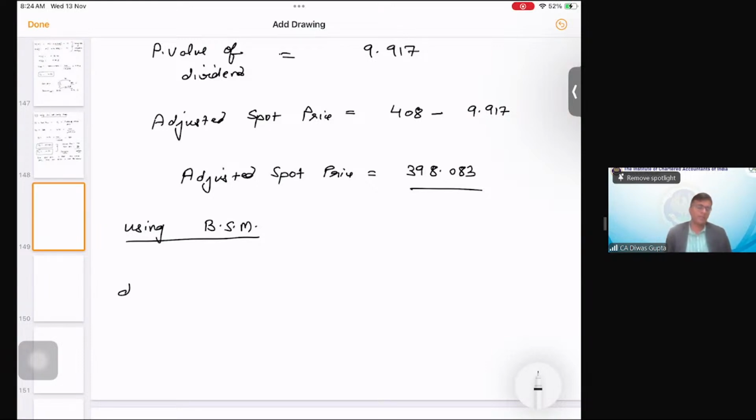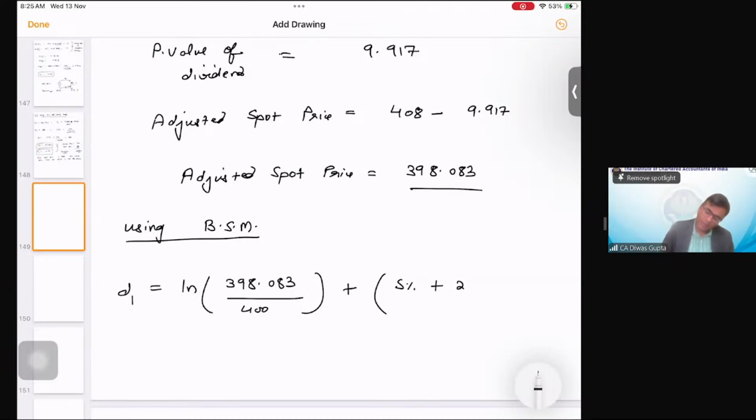Here, let's right away calculate the D1, which is the natural log of, now the revised spot price will be 398.083 divided by 400 plus R percentage, which is 5%, plus 22% raised to the power 2 divided by 2 multiplied by the time, which is 3 by 12.